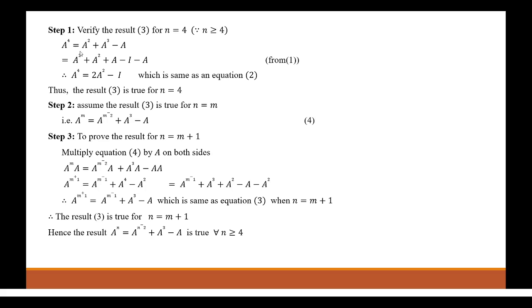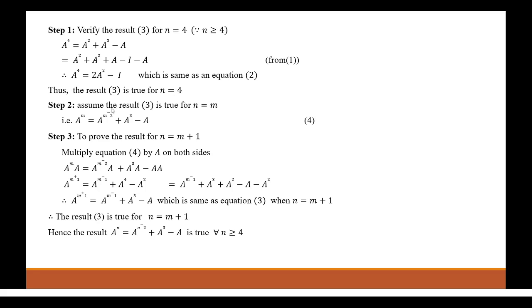Then A power of 4 is equal to A square plus A cube minus A. Again this can be written as A square plus A minus I minus A. So on simplification we get A power of 4 is equal to 2A square minus I plus A minus A, which get cancelled, which is same as the equation 2 we already have. Thus the result 3 is true for n is equal to 4.